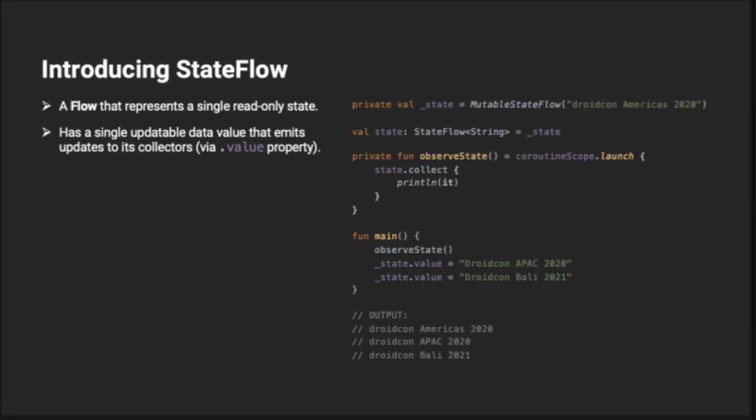Then we have a public main function, which calls observe state, then updates the StateFlow value two times. The output shows that StateFlow emits value updates in exactly the same order they were assigned, which is again very similar to LiveData.